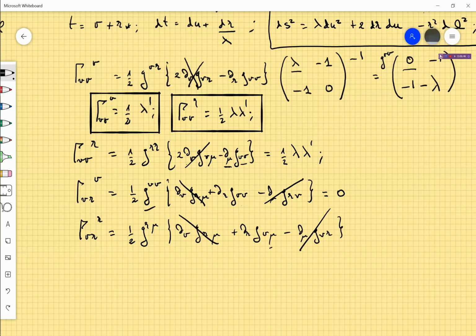And here we know that mu has to be v in order to get something different from 0. Okay, GRR is minus lambda, and GVV is lambda prime. So this is GVRR is minus half lambda prime.